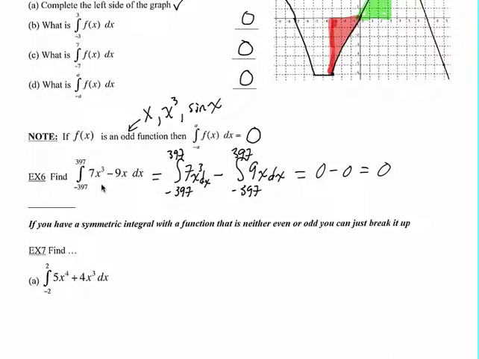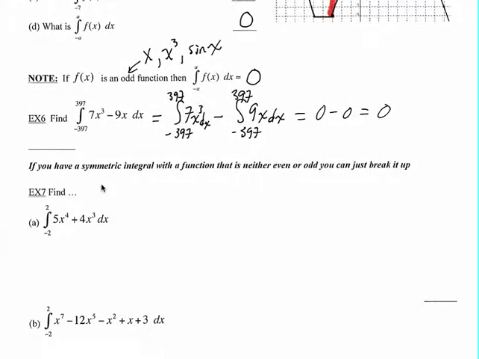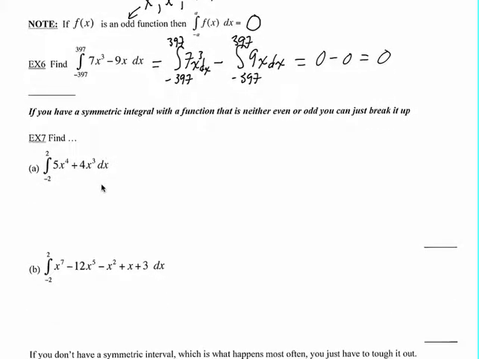Now, this idea that you can break integrals apart, that you can do them in terms, helps us out. So here, example 7, the first one, we're symmetric about the y-axis. The first is an even integral, and the second is an odd integral. Again, I'll do this out.